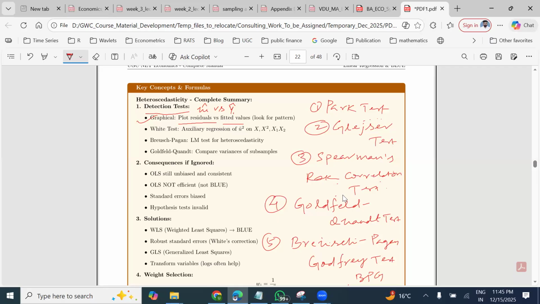That is one. Whether the parameters are BLUE or not will come later on. First, I am asking a very simple question. If I am not careful, or I am silent about all these tests, or simply I have not checked the presence of the heteroscedasticity problem in my regression model, then I cannot say with confidence that my WLS estimators are reliable.